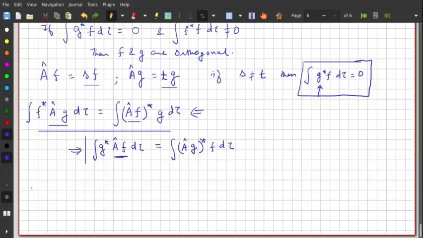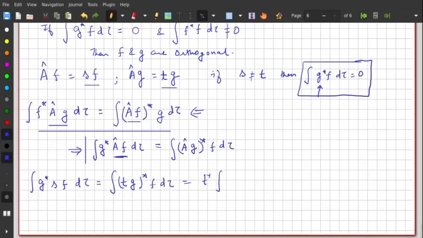So that will become the integral of g star sf, so instead of Af we write sf, d tau, and that is equal to the integral of (A hat g) star f, instead of that we'll write (tg) whole star f d tau, and then this becomes t star times the integral of g star f d tau.